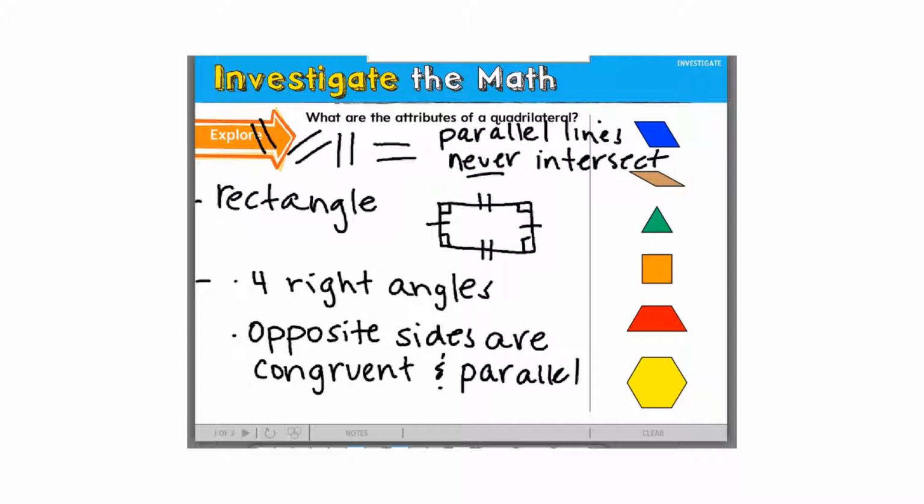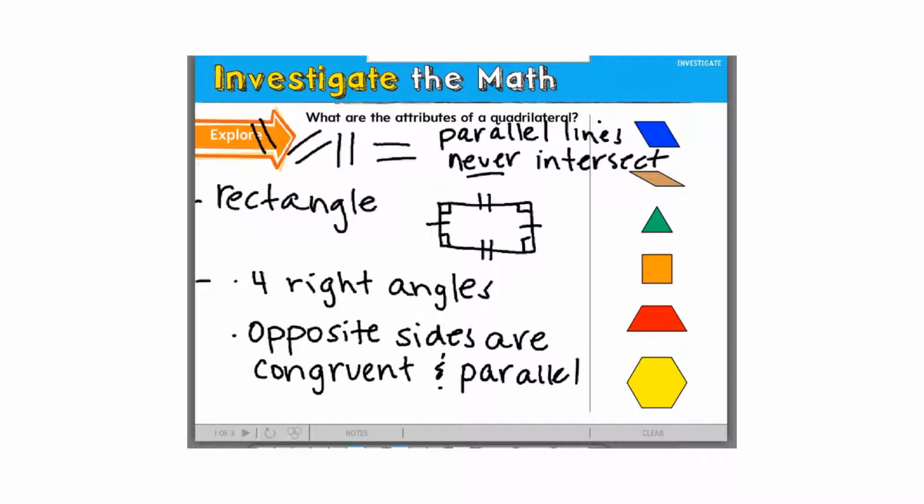So a shape that looks like this can be called a rectangle, and it can also be called a quadrilateral. Make sure you have the attributes. Those are important, because when we go through all of these shapes, some that you might not think could actually be called by more than one name. And if you don't have the attributes written down, it's hard to tell.